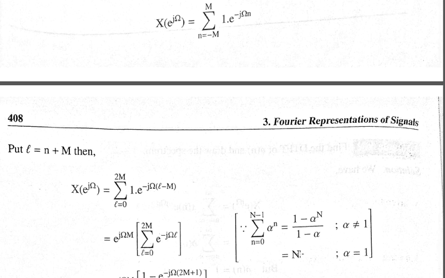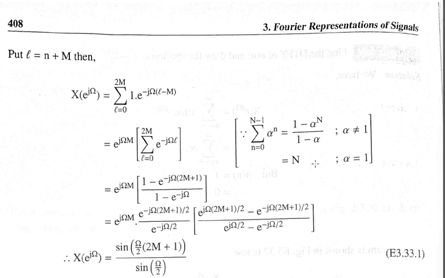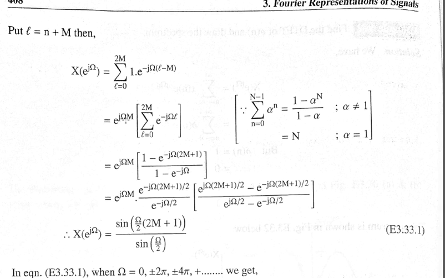This equation we have used already, and it is equal to N, that is upper limit minus lower limit plus 1, if alpha is equal to 1. So that is the very first problem in convolution where we used this equation. Then by substituting, e raised to j omega M remains as it is. We get 1 minus e raised to minus j omega, so by substituting, let's solve this problem.